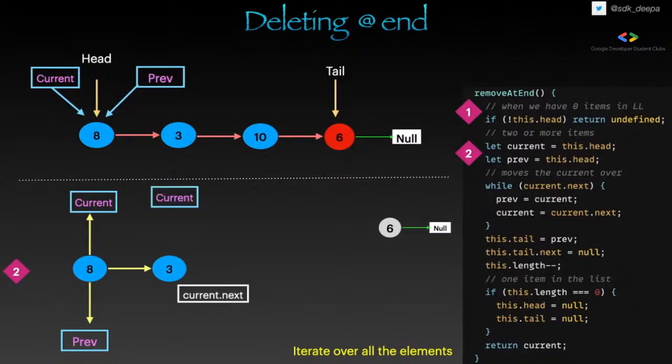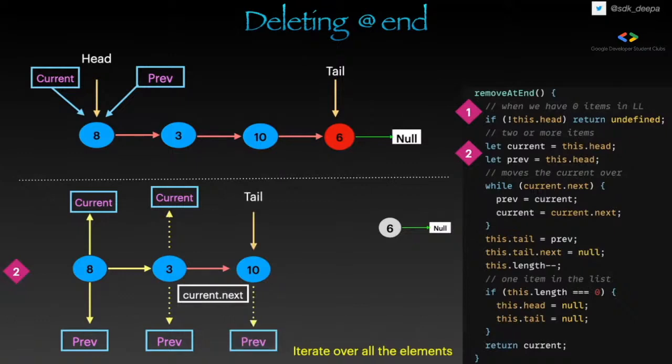So current.next, which is also current, is pointing to prev, and this continues until current.next has something. When you reach that point, previous would be pointing to tail, right?